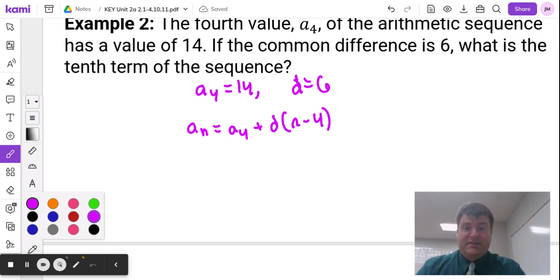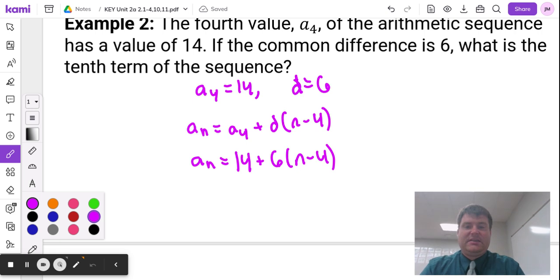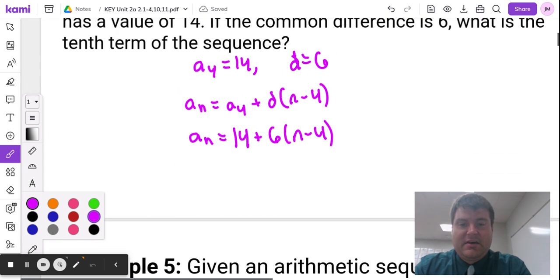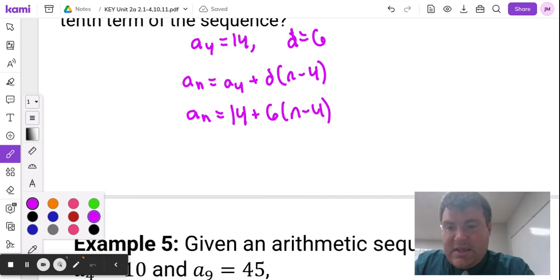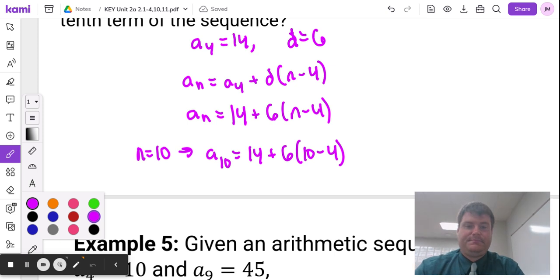Let's plug in everything that we know. A sub n equals a sub 4, which is 14, plus 6 times n minus 4. So that is the nth term. Now using that, what is the 10th term? When n equals 10, a sub 10 equals 14 plus 6 times 10 minus 4.